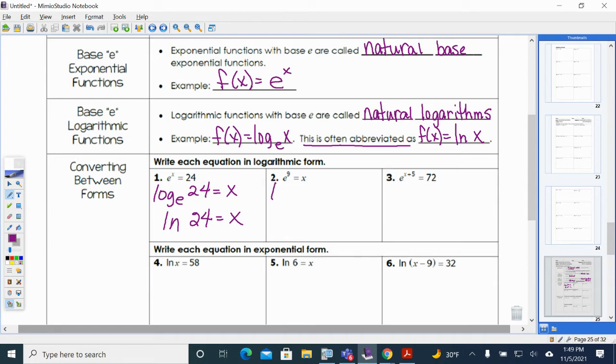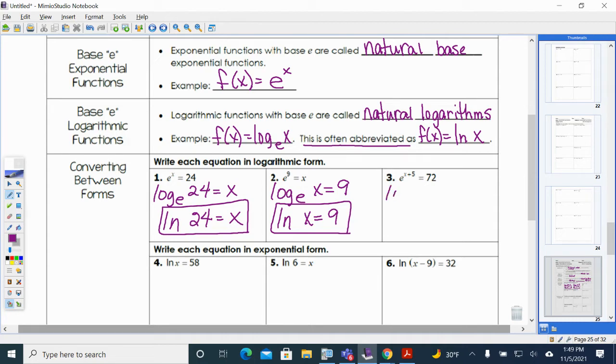That would be log base e of x equals 9, or natural log of x equals 9. And number 3, e to the x plus 5 is equal to 72 would be log base e of 72 is equal to x plus 5, or again, just natural log of 72 is equal to x plus 5.